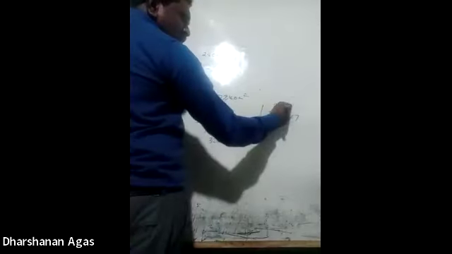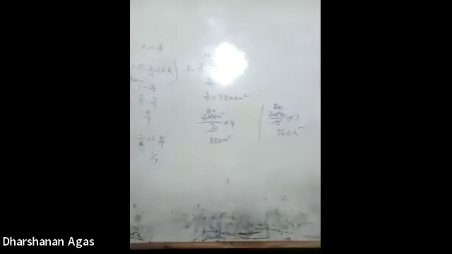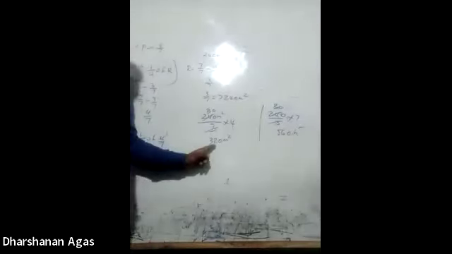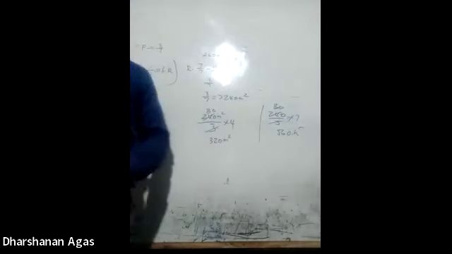Then 80 multiplied by 7 is 560 meters square. That is the total land, but that is not the question. The question is the area of land which belongs to Pradeep. Is that clear, students? Did you understand?